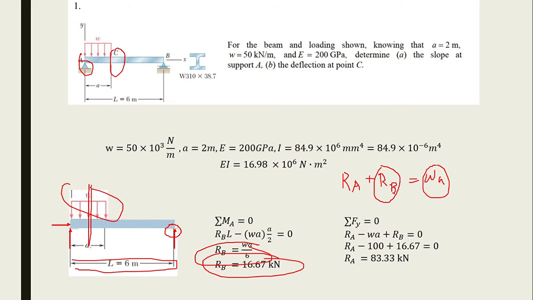Cancel the units, and we get 100. Then R_A is equal to 83.33 kilonewton.